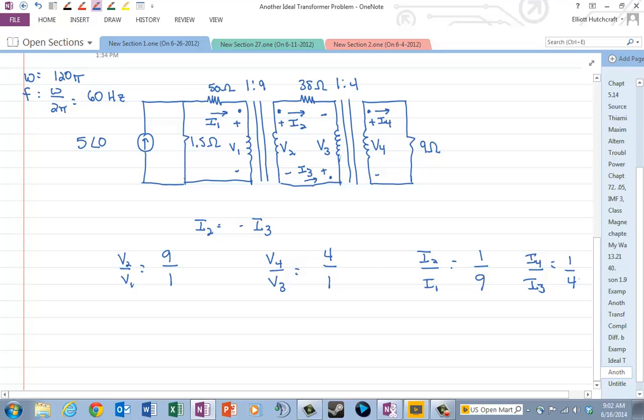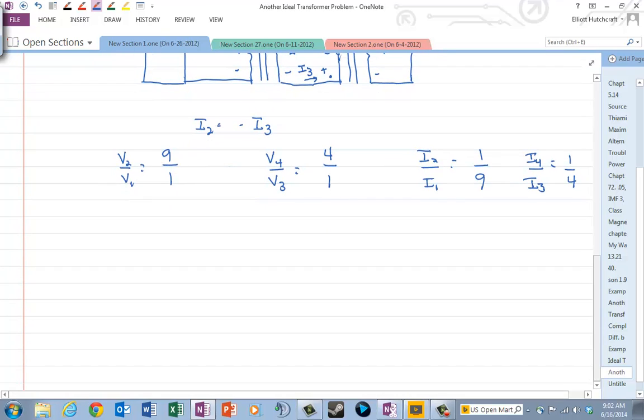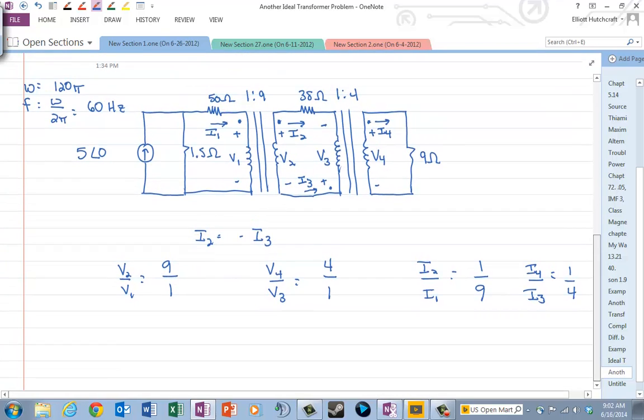Again, the big key, I think, is labeling the transformers like they need to be labeled in standard form in the book. Then you don't have to worry about any of these plus and minuses that would result from not using standard form.